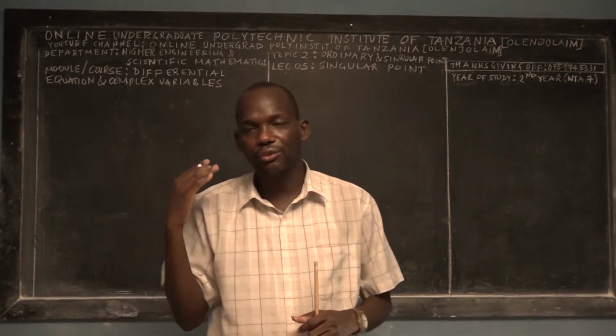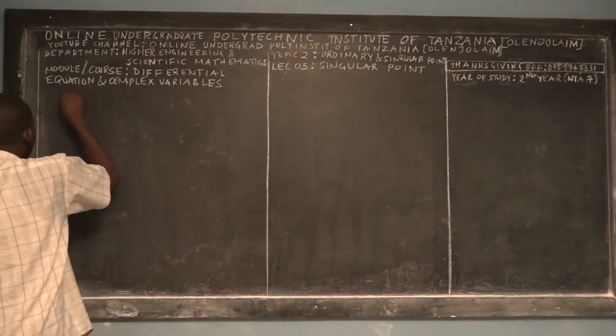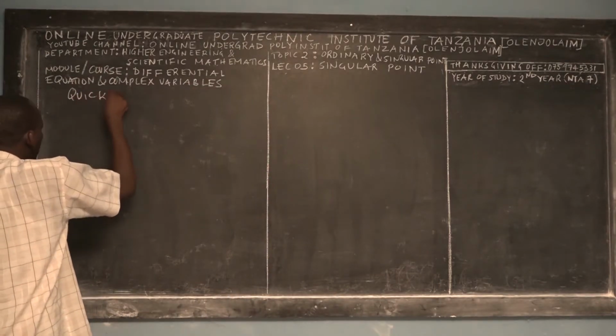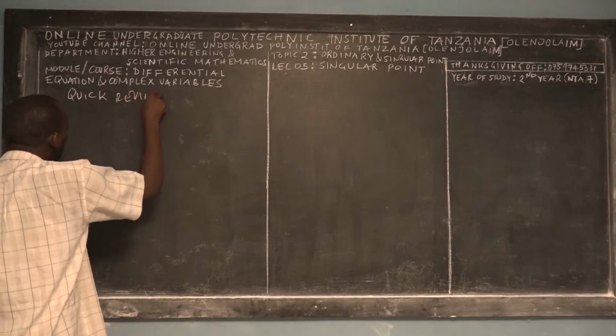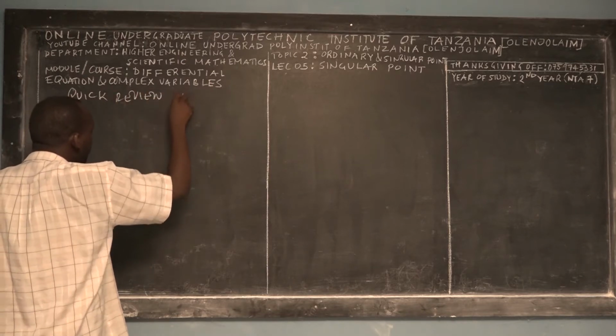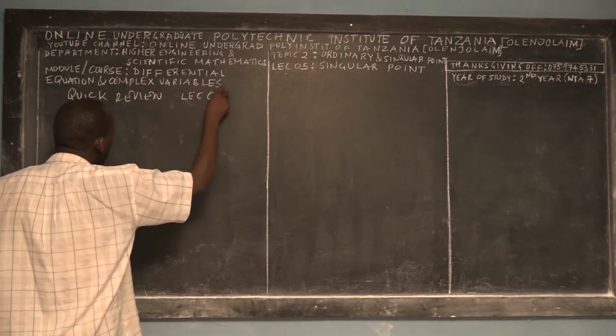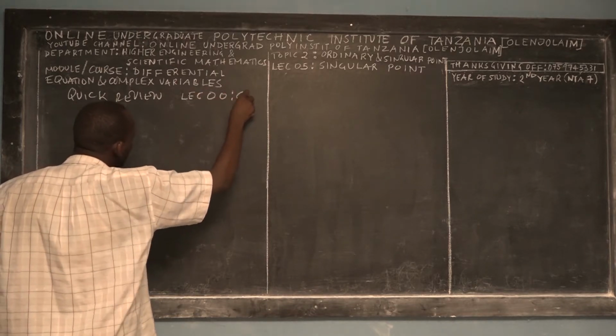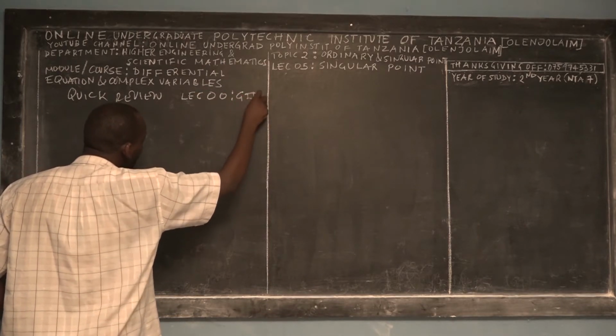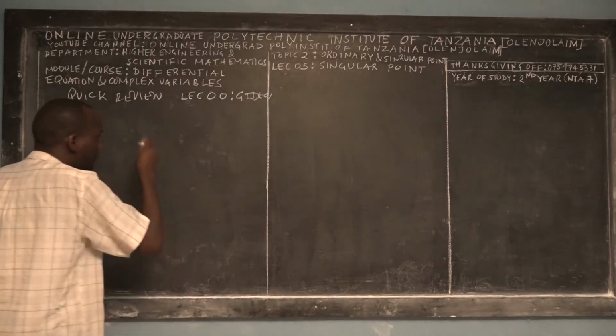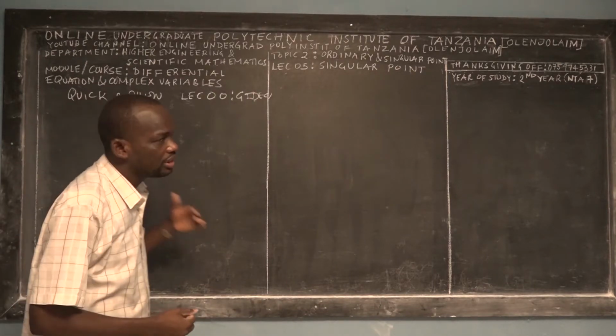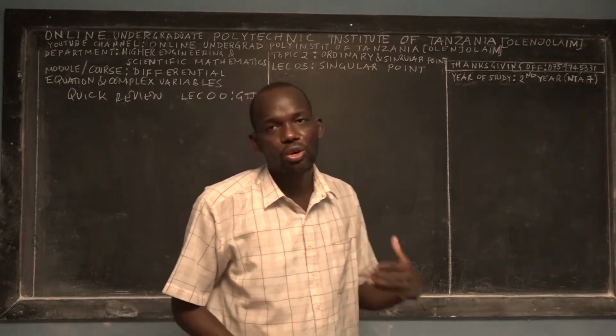And that's why, if you refer to lecture 00, a quick review of what we have already posted, which is stated as general introductions of differential equations and complex variables, you have to make sure that you go through it, because we'll see how many modules or courses we are teaching.